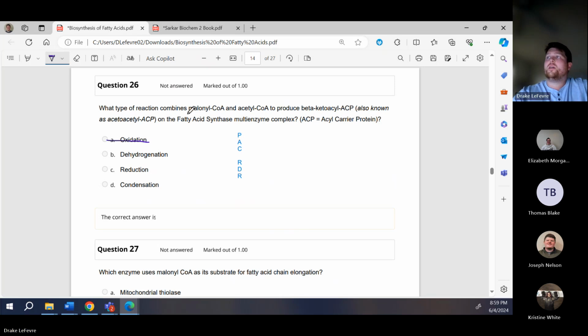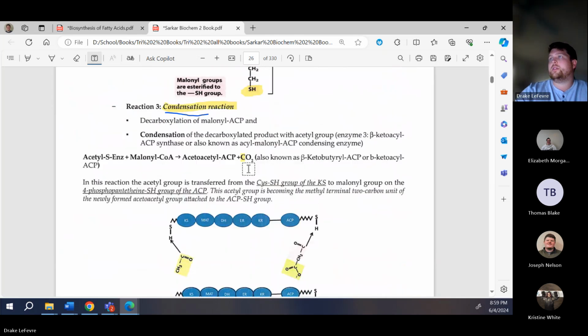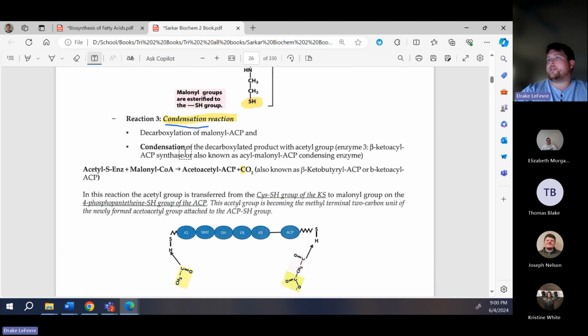When we produce malonyl-CoA, that's very early in the whole process. So one of our first actual processes is condensation. I say this looking at it after knowing the answer. Condensation is our answer, and looking at the step, the condensation reaction is condensation of the decarboxylated product with the acetyl group.